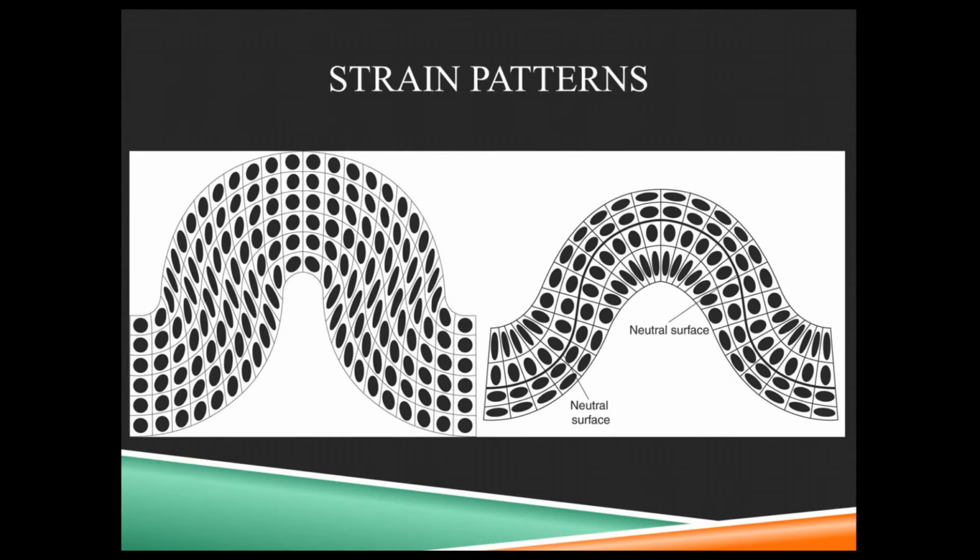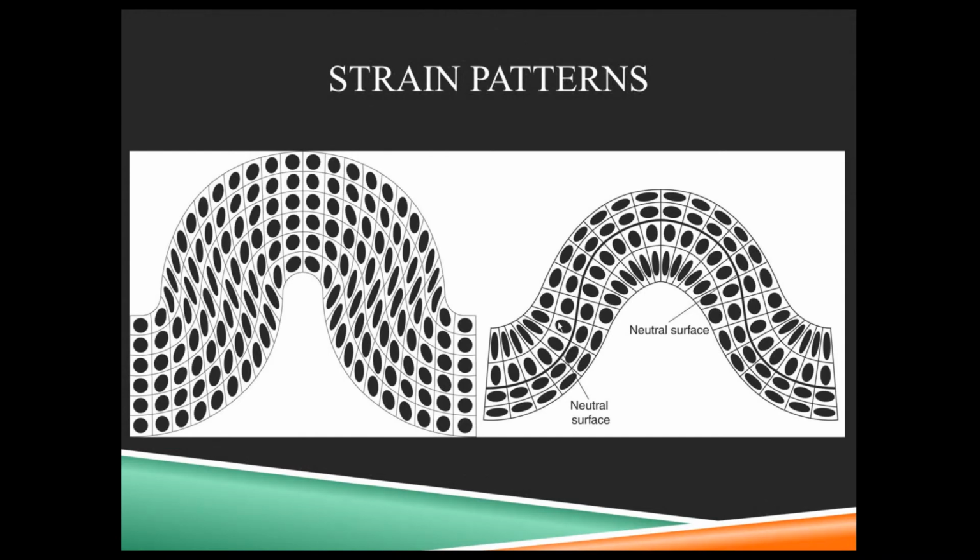And you can see this if the rock had lots of polka dots, or if there are things within the rock that you can see the distortion. Kind of like we were looking at in the labs with the Mohr circles. If there are concretions or other things you can see, then depending where they are in the fold and what strain pattern that particular fold has, you'll get different distortion.